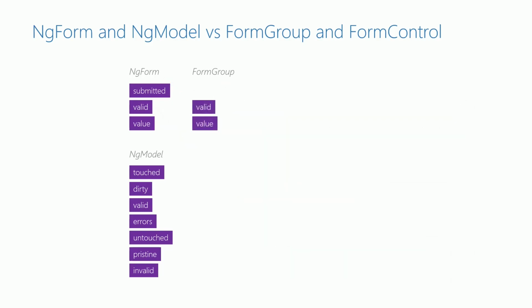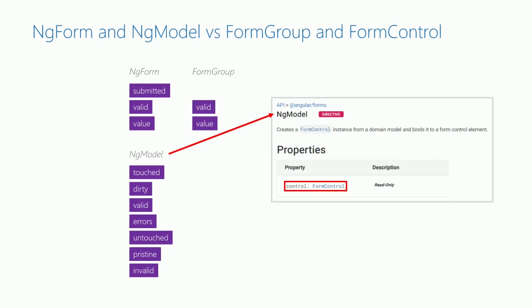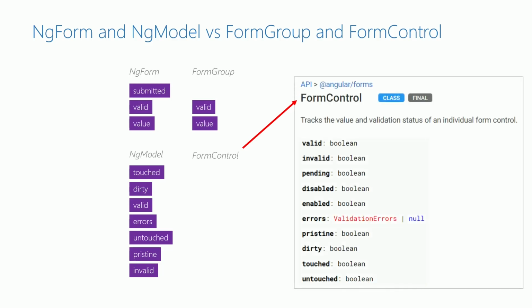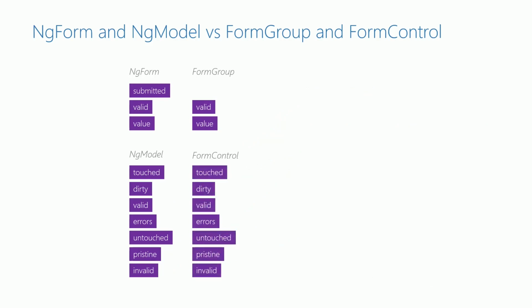The NgModel object contains an object of FormControl class which I am including adjacent to it. Now we will explore the properties available in the FormControl class. We can see properties touched, dirty, valid, errors, untouched, pristine and invalid, hence including all these properties under FormControl. For most of the properties, we can see a mapping field available in the other class except submitted property.